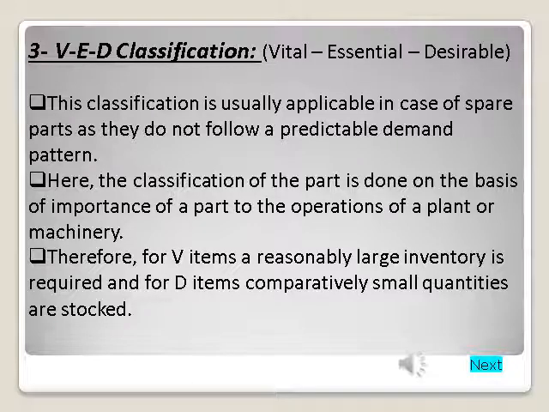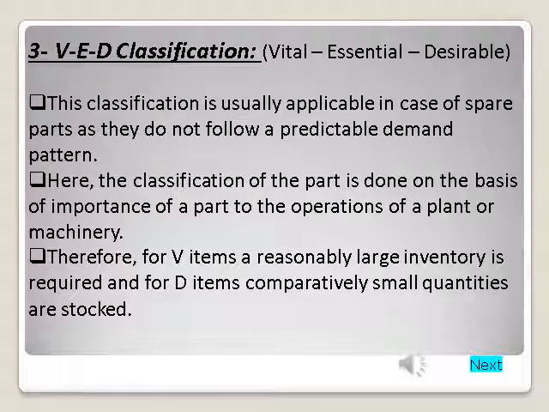The maintenance group in an organization should be able to fix, say, a car based on the inventory it has. So the vital ones would be the upper part of the echelon, the desirable the bottom part, and the essential the middle.